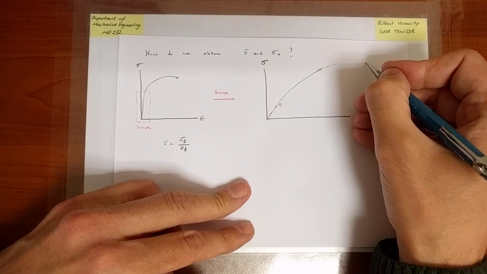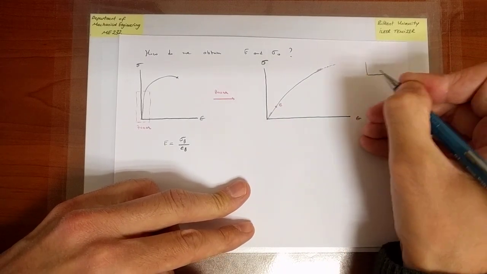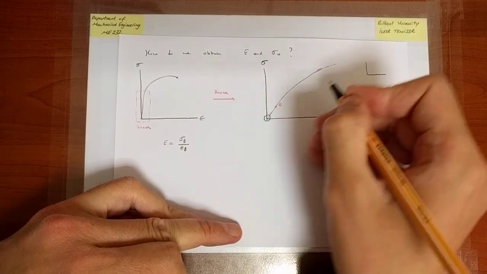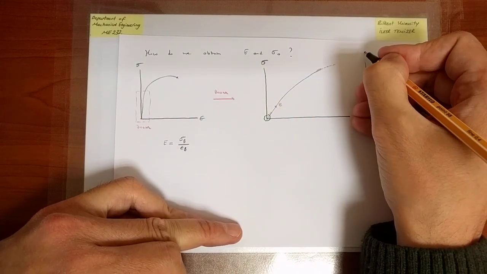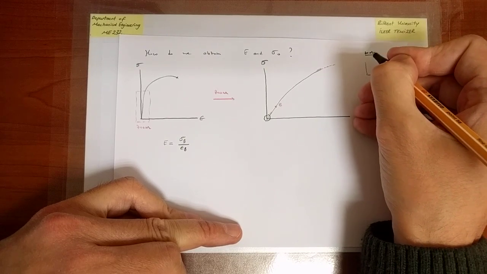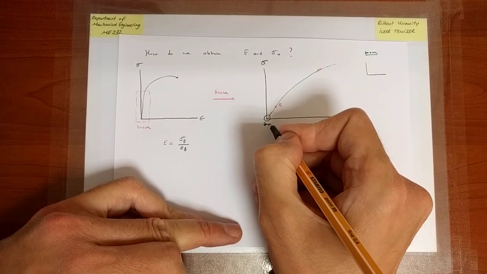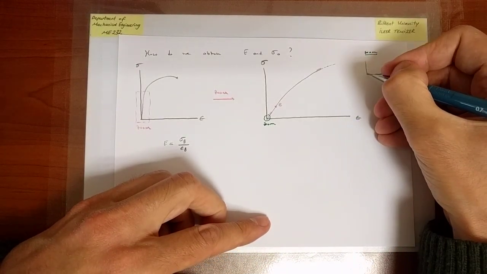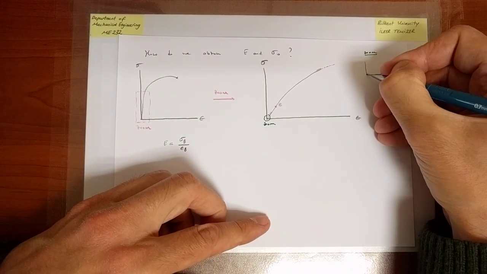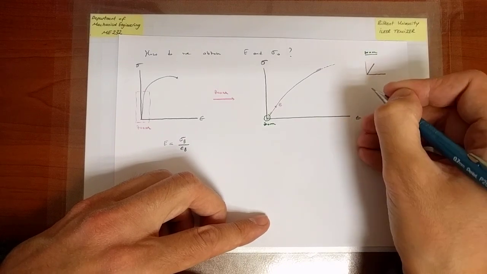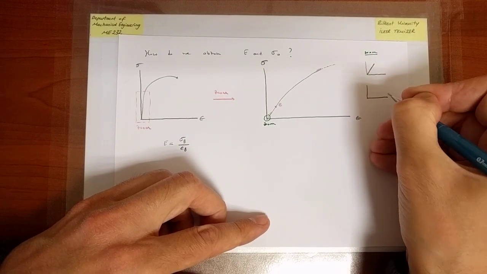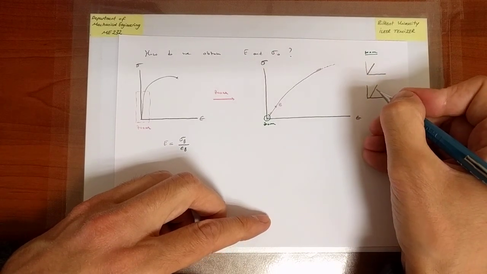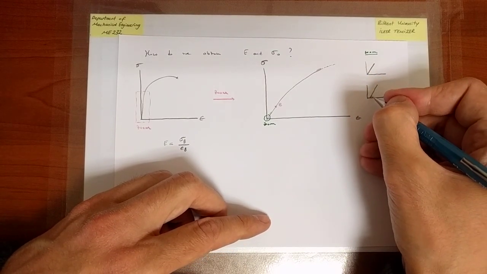So let's zoom further. What we would probably expect is a curve that starts off like this, but in reality what might happen is that the curve starts like that. Again, this is due to experimental reasons. This might happen.